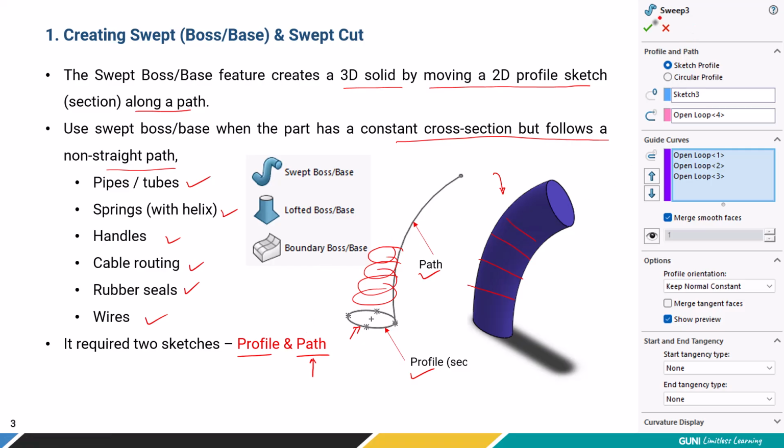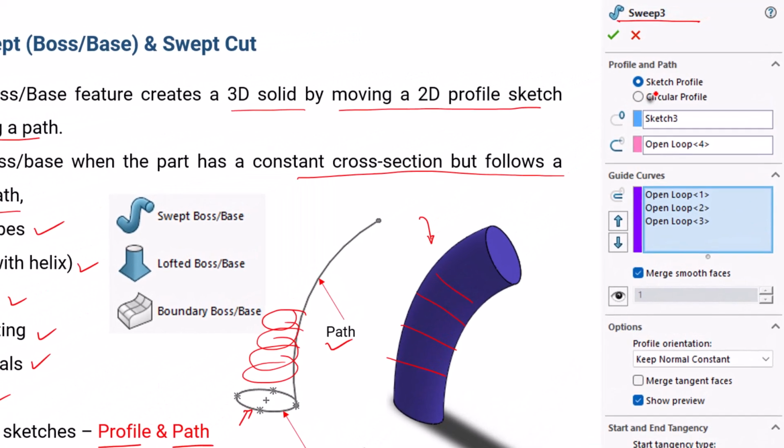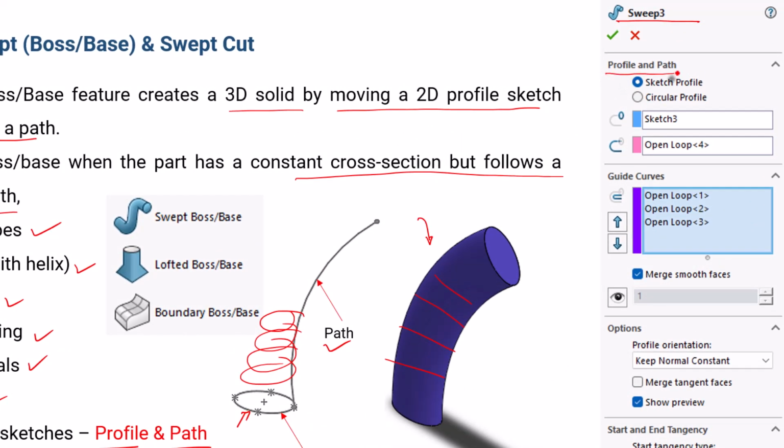Now let's discuss the property manager of swept boss base. Here the first thing is profile and path. You have two options. Either you can use a sketch profile or directly SolidWorks has given a circular profile option. So it is very useful to create pipes and tubes.